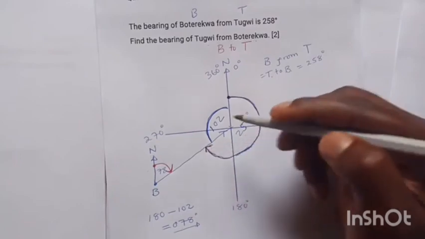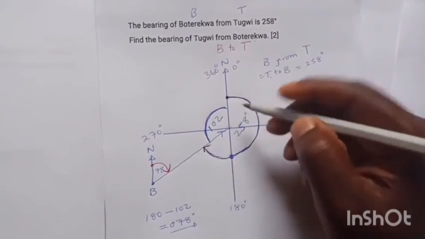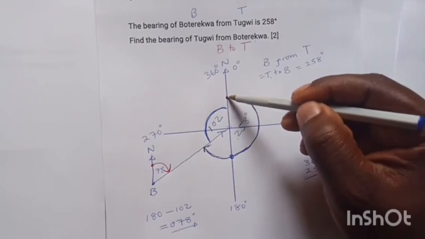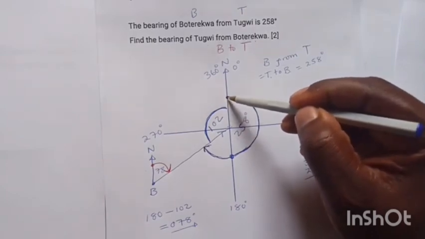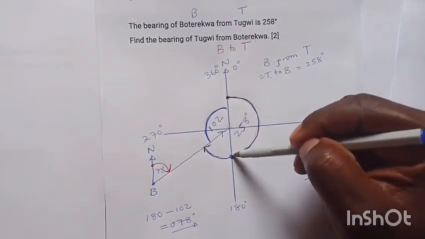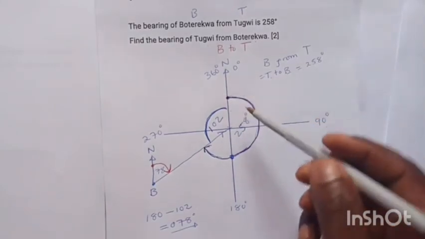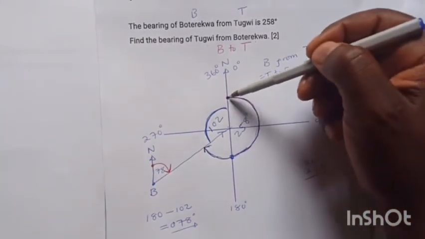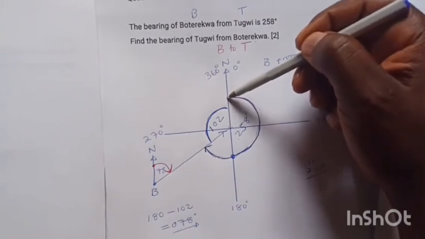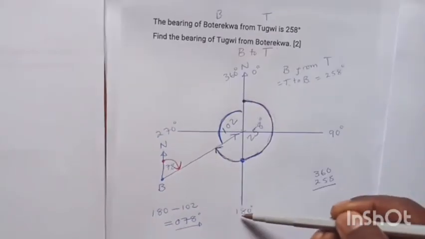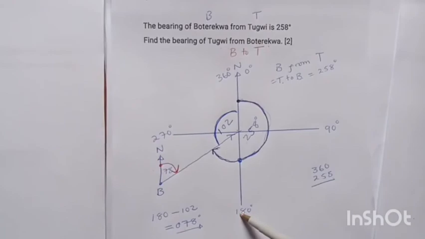But remember, this same circle from this point up to this point completes a straight line, meaning that the part of the arrow covering from this point up to this point is 180 degrees.